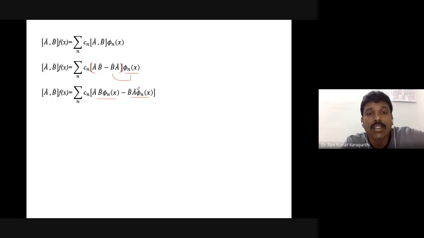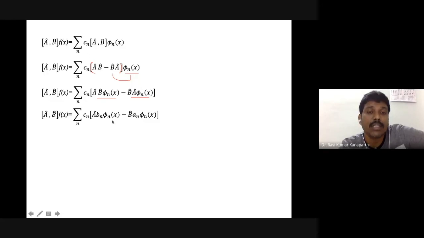Similarly here, I have the B operator multiplied by A, but essentially the A operator first affects the function and then later the B. When the A operator operates upon phi n of x, we get the eigenvalue An multiplied by phi n of x. That is the next step.